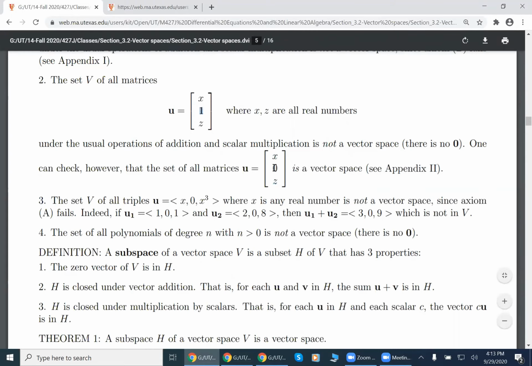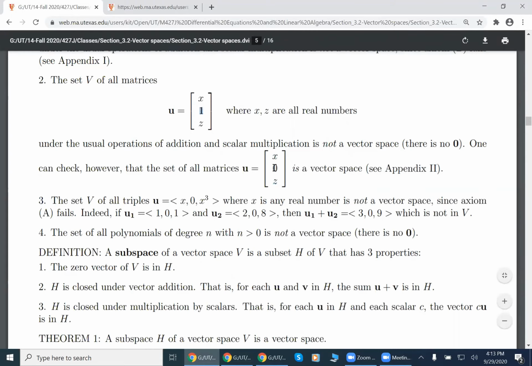Note that if we add this vector to any other vector, because over here we have 1, the middle element will necessarily change. You see what I mean? Yeah, thank you.